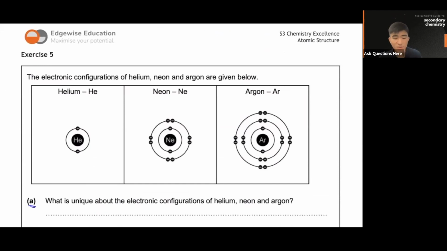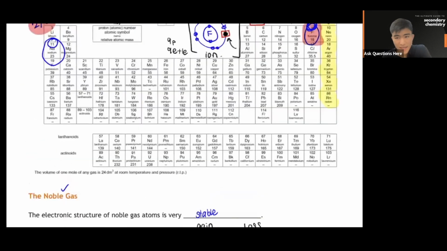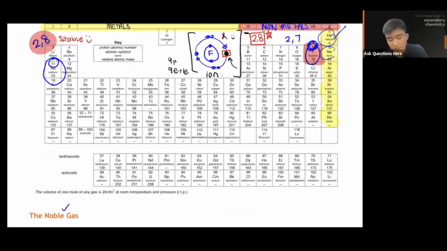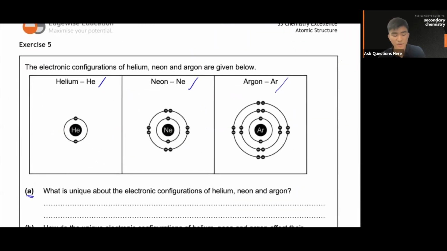Now, we are asked to identify what is unique about the electronic configuration of these three. If you don't know what these three are, just go back to the periodic table on page number 6. You realize that helium, neon, and argon are all there. They are all in group 0, so these are all group 0 elements.